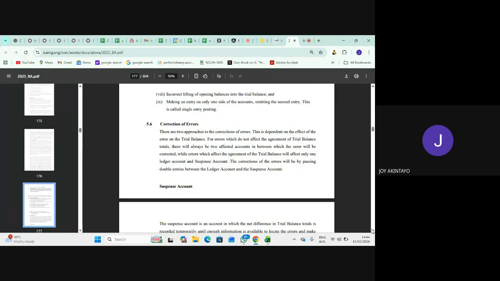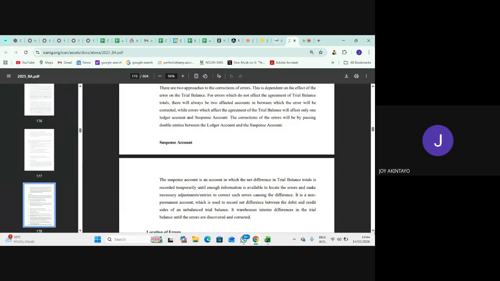So what is a suspense account to us? A suspense account is an account in which the net difference in your trial balance total is recorded temporarily until there is enough information available to locate the errors and make the necessary adjustments or entries to correct the error.